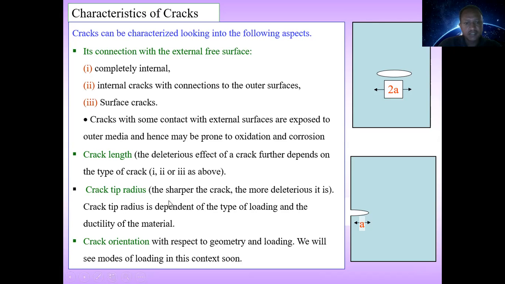The sharper the crack, the more deleterious it is. Crack tip radius is dependent on the type of loading and the ductility of the material. And the third one is the crack orientation with respect to the geometry and the loading. We will see more modes of the loading in this context soon.